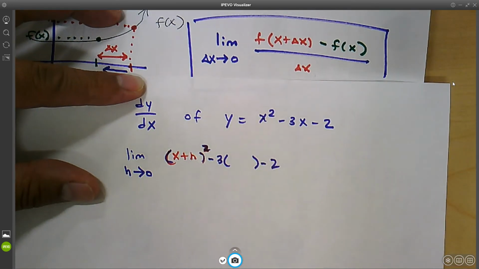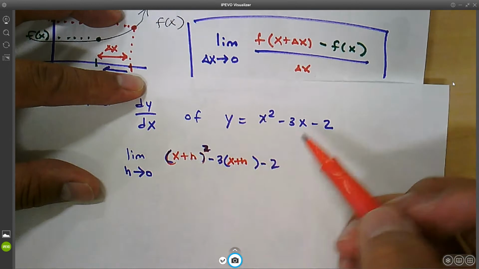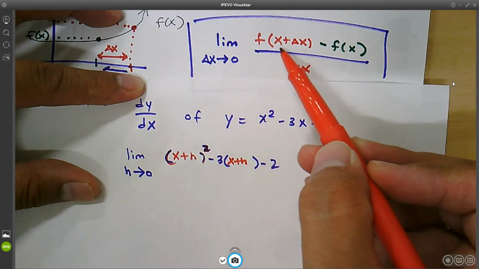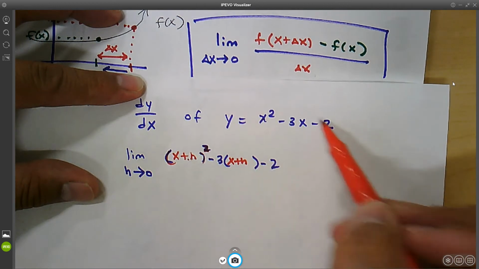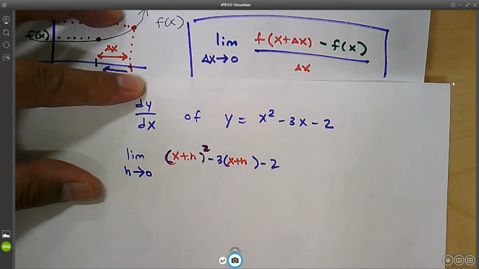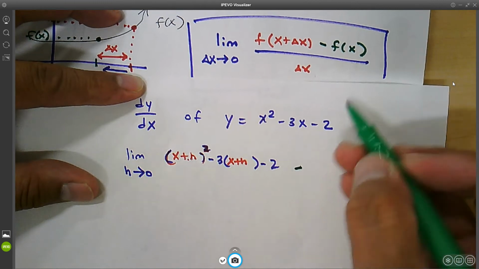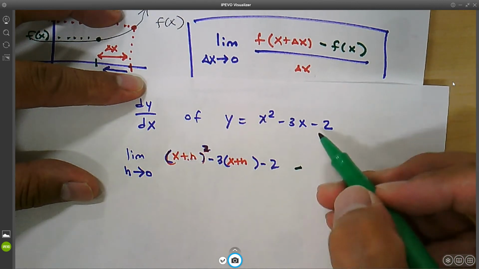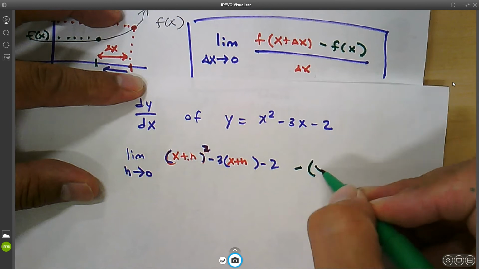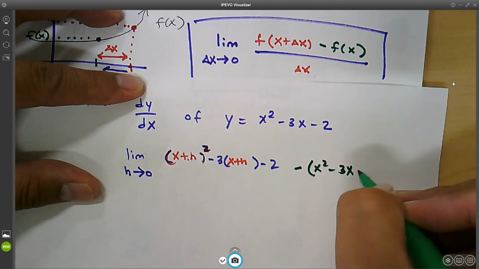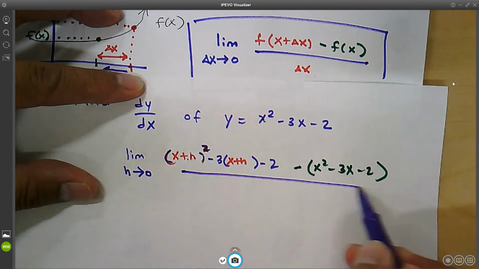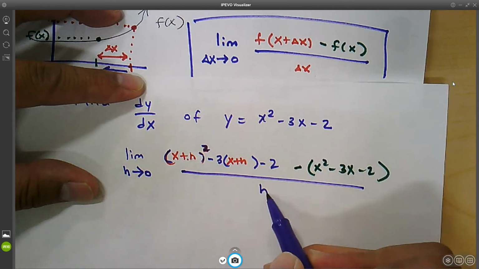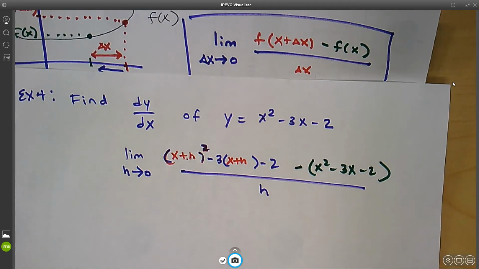So I toss in the x plus h. This is saying f of x plus h. I toss it here, I toss it there. And now I have the second part, the minus f of x. That is just minus this whole thing. Okay, all over delta x or h. That is our setup.